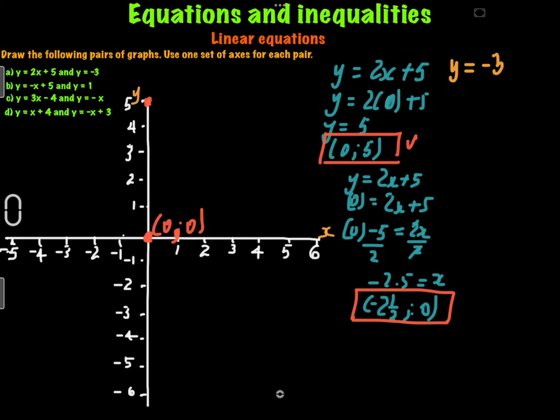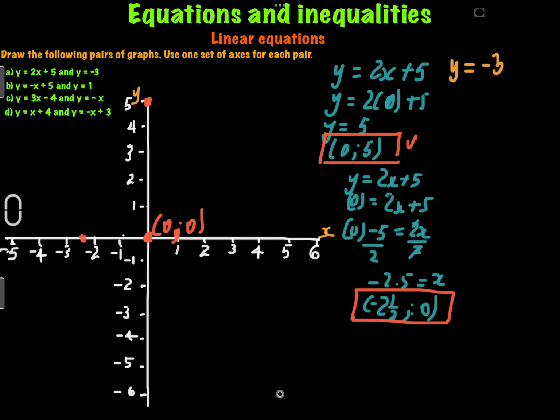And then when x is negative 2.5, which is halfway between negative 2 and negative 3, y is equal to 0.